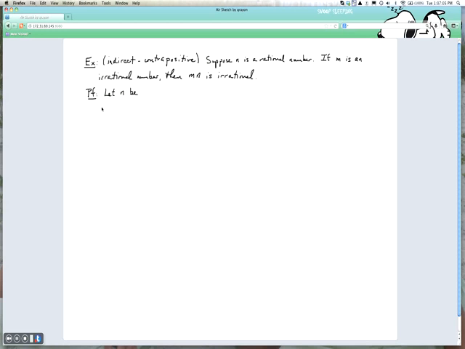We do have the given, let n be a rational number. Thus, there exist integers a and b not equal to 0.